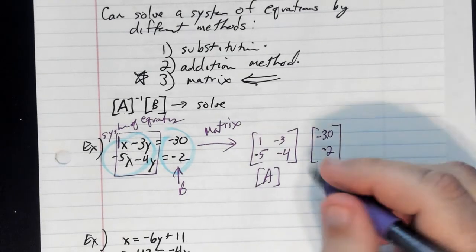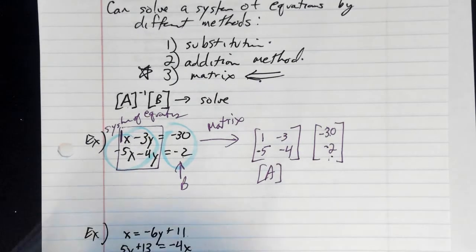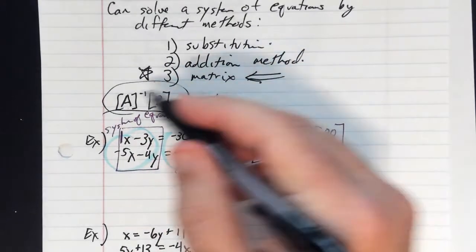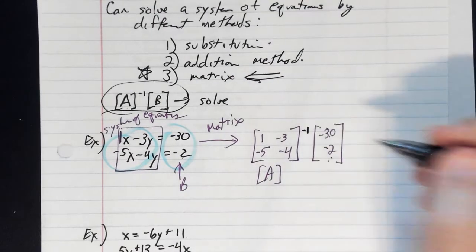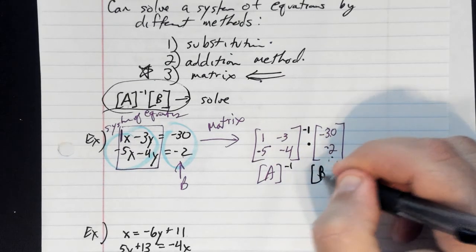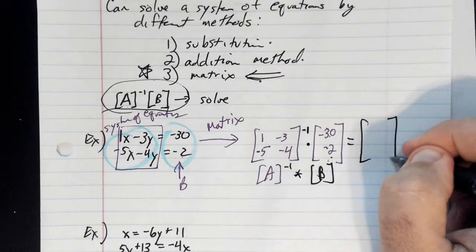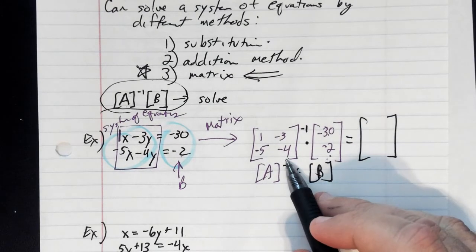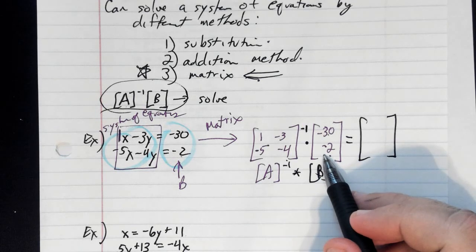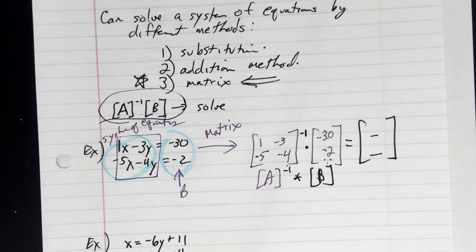Okay, now, once we have it in this matrix form, we're going to follow this rule here: X is going to be the inverse of A times matrix B. Okay, and we're going to get an answer. Now, if you think about multiplication, this is a 2 by 2 and this is a 2 by 1, which means the answer is going to be a 2 by 1. And I've got to find those answers. So what we need to do is put both of these into our matrix.